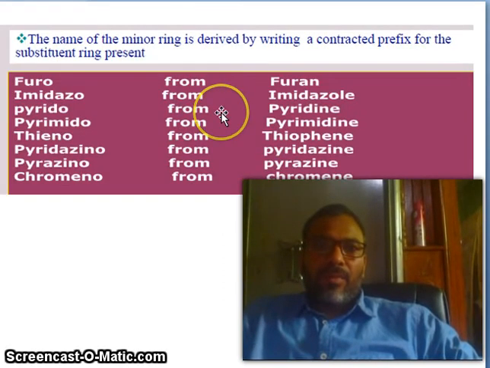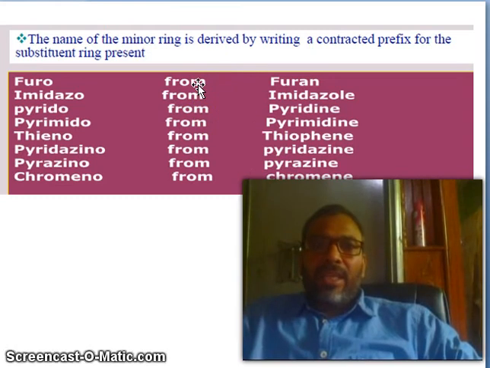Now the name of the minor ring is derived by writing a contracted prefix for the substituent ring present.